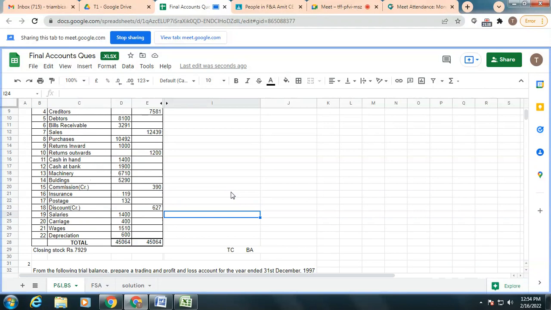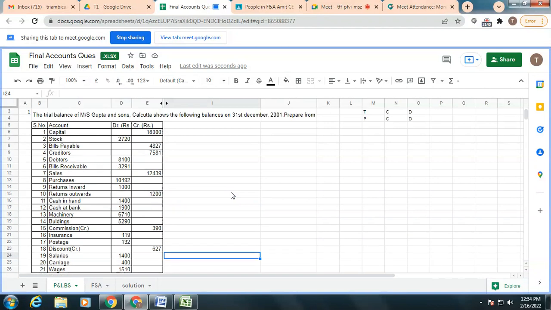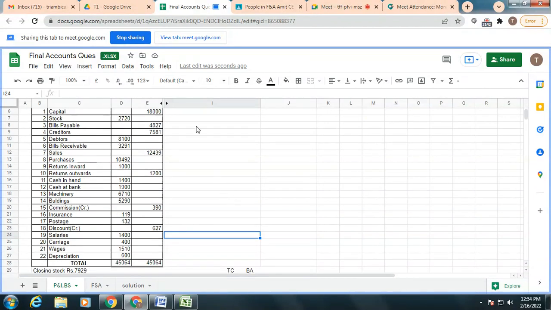Okay, so you can note down this particular trial balance and start using the process to find out how the trading and profit and loss account will be, and eventually move over to the balance sheet. So quickly note down these balances. They're available to you in the shared folder as well as the Moodle Classroom. It's the first question in the file named Final Accounts Questions.